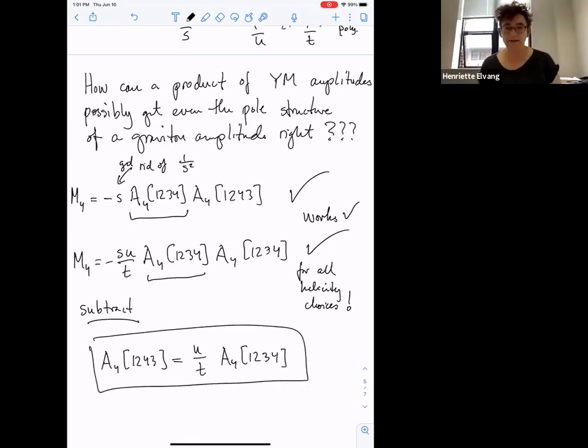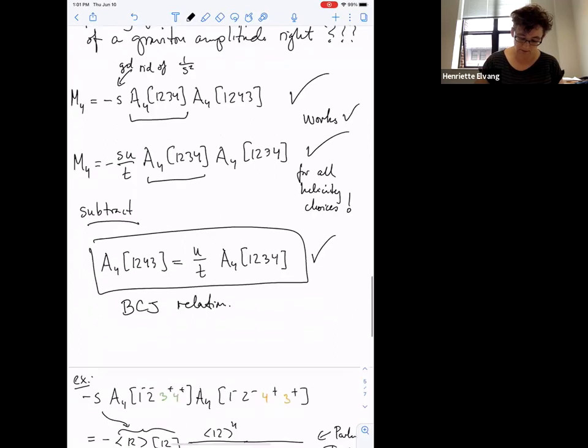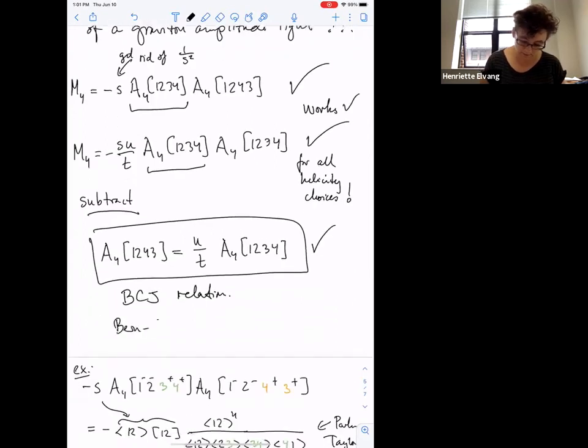So there's a certain relation that this would imply for the Yang-Mills amplitudes. And that turns out to actually hold for Yang-Mills amplitudes. This relation holds, and it's known as an example of a BCJ relation, and that stands for Bern, Carrasco and Johansson.